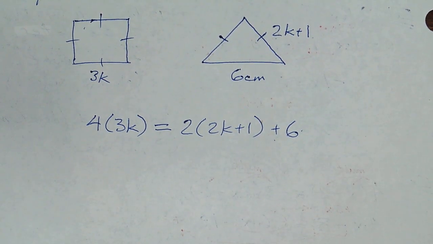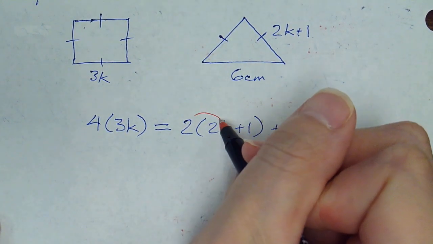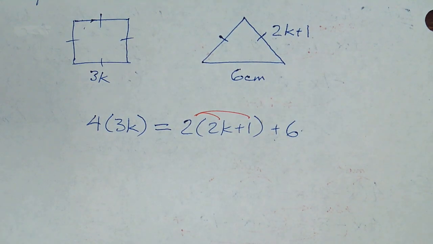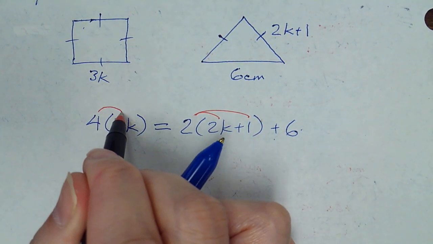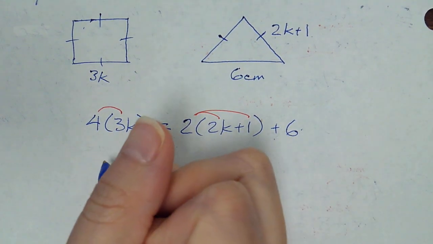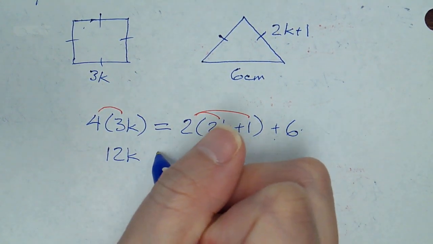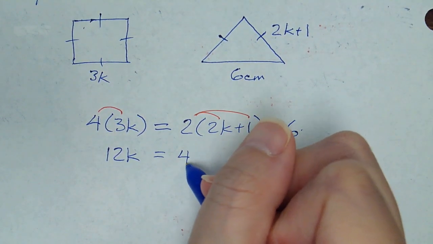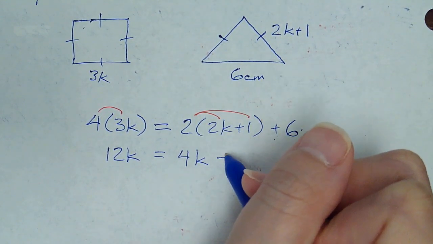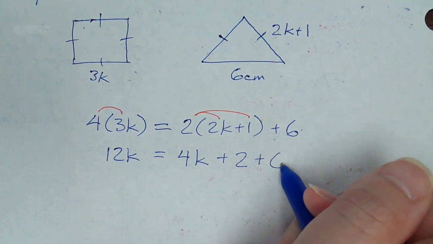Okay, great. So now we have an expression. We can solve it. We can distribute this. We can multiply these. So 4 times 3K, I get 12K. And then here, 2 times 2K is 4K plus 2 plus 6.